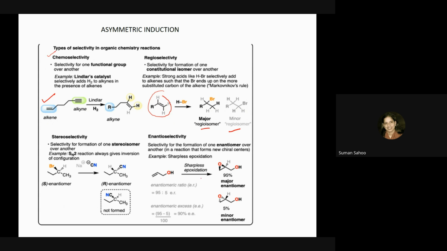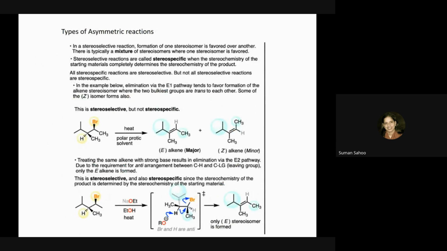For example, in this epoxidation, you are getting one major enantiomer, and the other enantiomer is formed as the minor one. So you have chemoselectivity, regioselectivity, and enantioselectivity. Regioselectivity means H is going to add on this carbon or this carbon, so you get 2 different constitutional isomers.